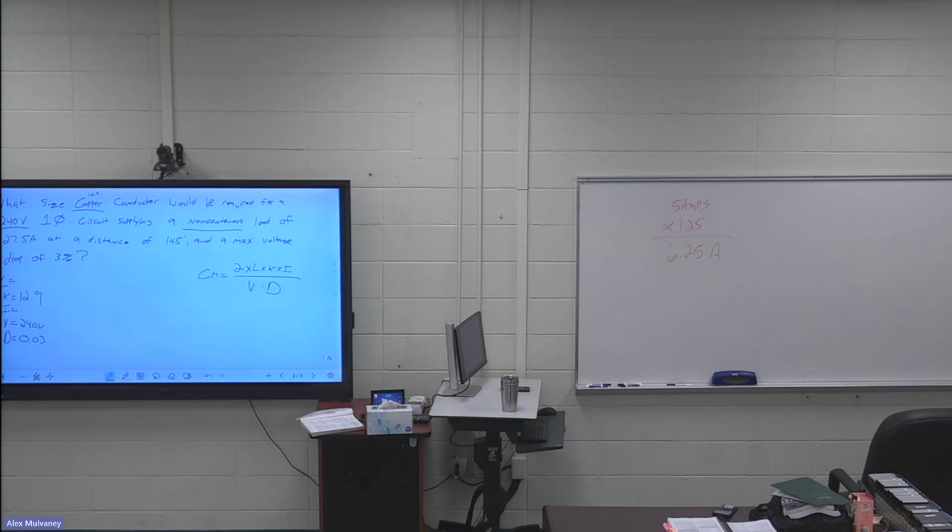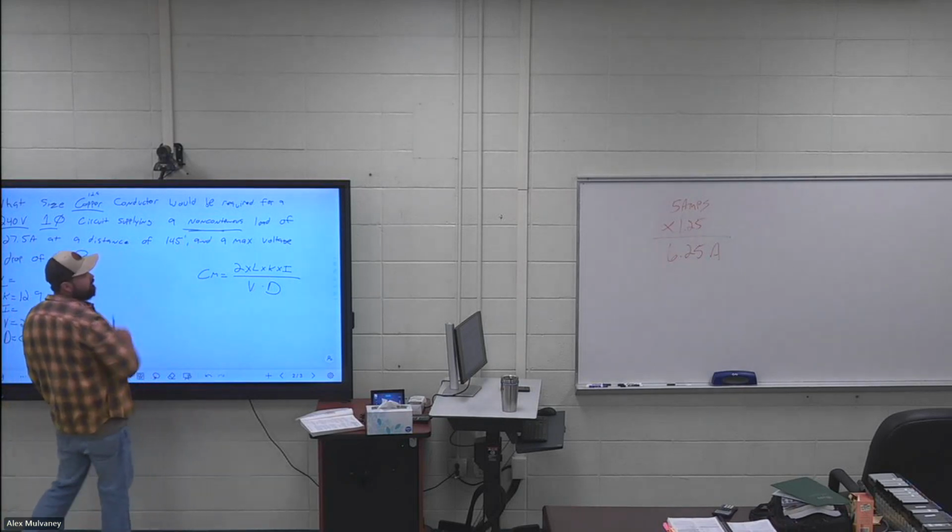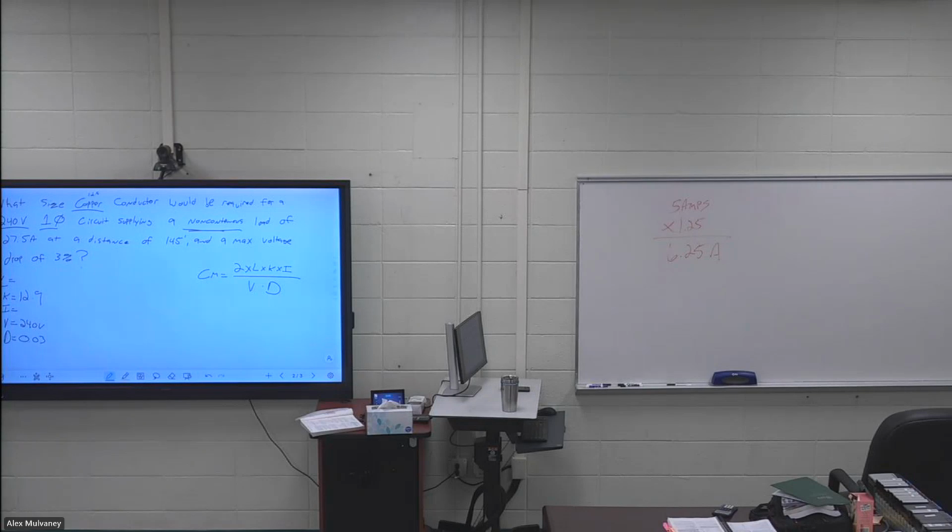If I have 3 phase, what do I multiply by? Square root of 3, right? So this tells me that I don't have to do that. And then this tells me that I don't have to what? It's not going to run for 3 hours or more. So I don't have to multiply this by 125%.